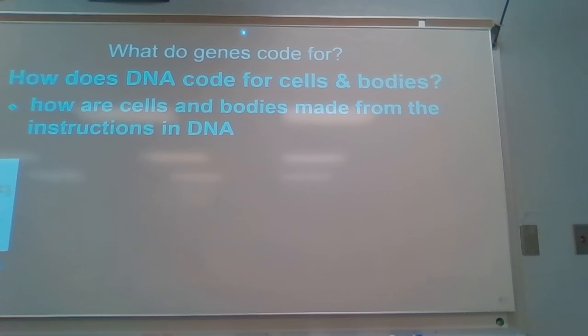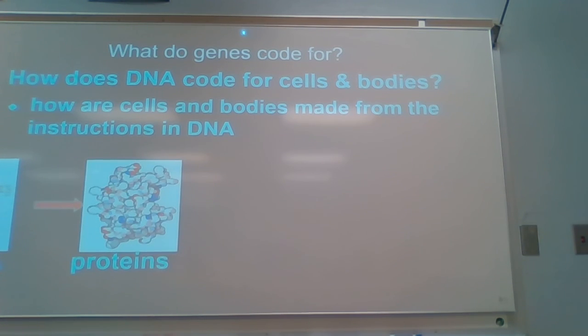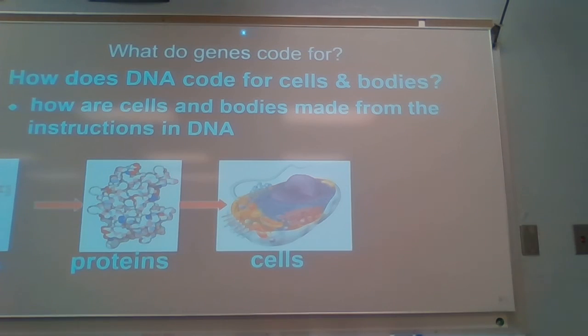So the whole point of this chapter is to figure out, again, how does that 4-letter DNA code eventually end up forming proteins? And those proteins are then going to build all of our cells, and our cells, of course, are going to build us, right? So the DNA codes for a protein, our protein does all the work and builds our structures.